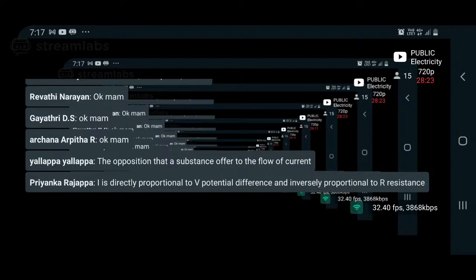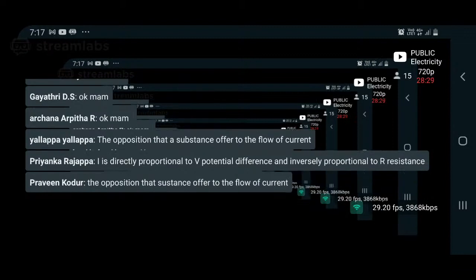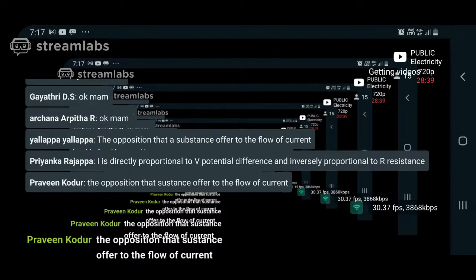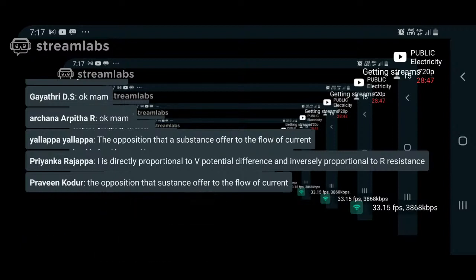And alloys show moderate resistance, and insulators show high resistance. If the insulators show high resistance, what will be the flow of the current? Is it high or low or nil?